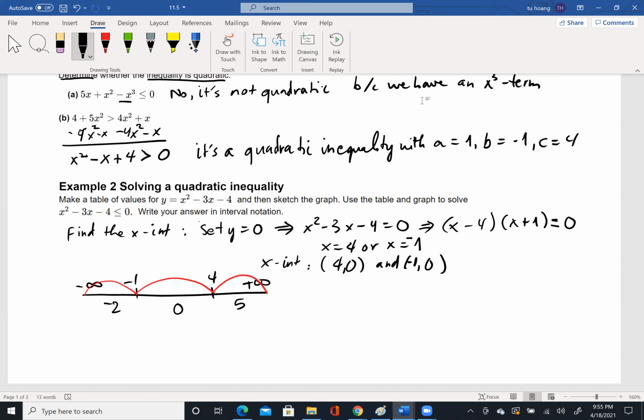For x, these points, I'm going to plug into the inequality and see what happens. f of -2 will be equal to (-2) squared minus 3 times -2 minus 4, which equals 4 plus 6 minus 4, which is 6.